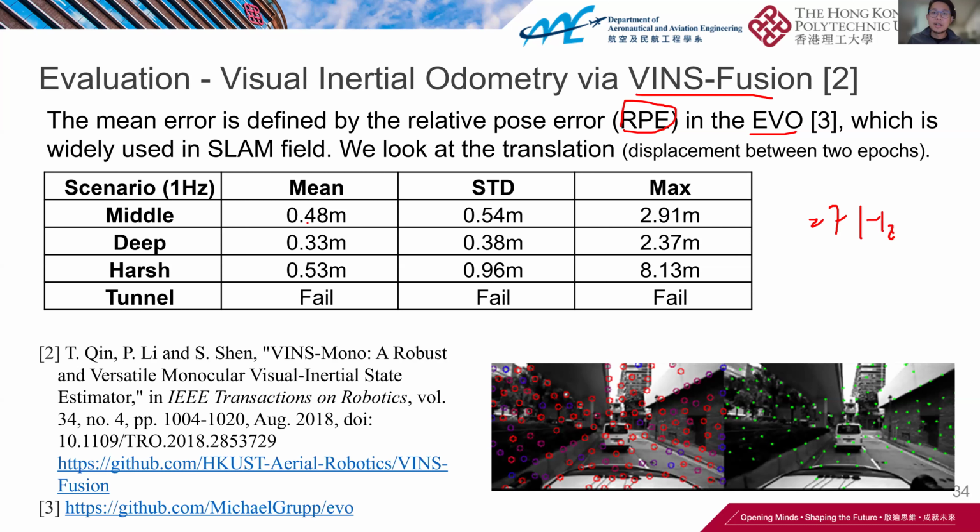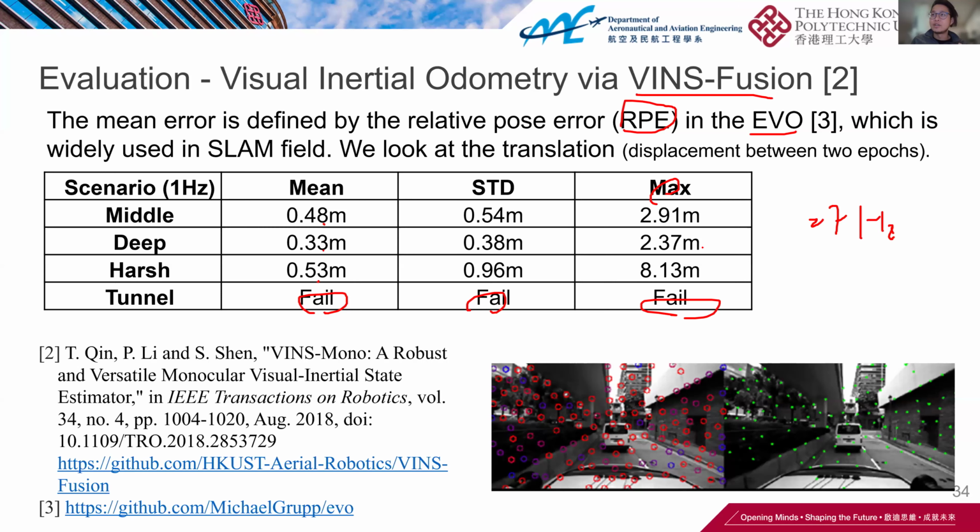Sometimes, between two epochs, it can already come to 50 centimeters of error, 30 centimeters, in this environment. And it fails internally because of the repetitive features that we observe. Looking at the max error between two images, sometimes you can go to a meter of error. This is definitely coming from the dynamic objects we're seeing in the images.